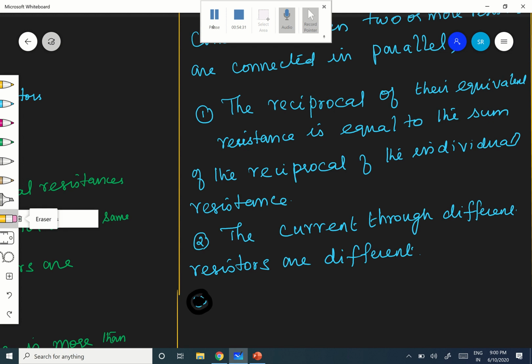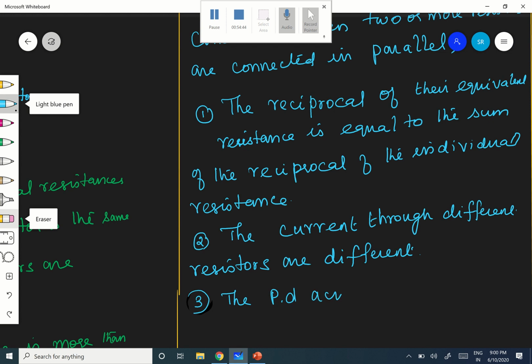The potential drop across every resistor is the same.